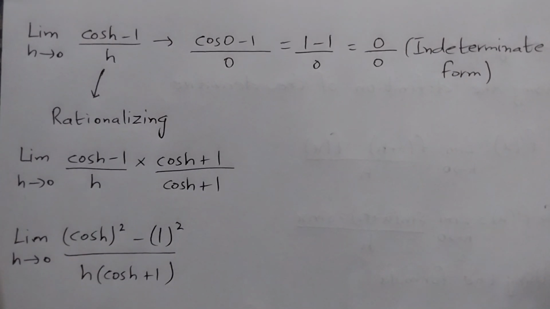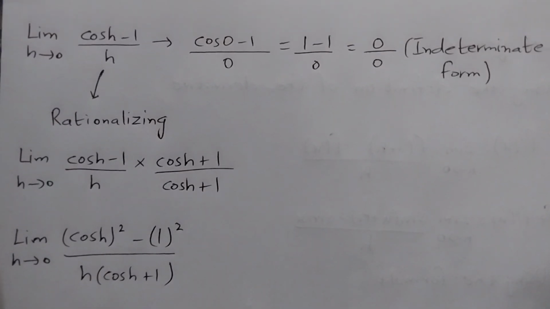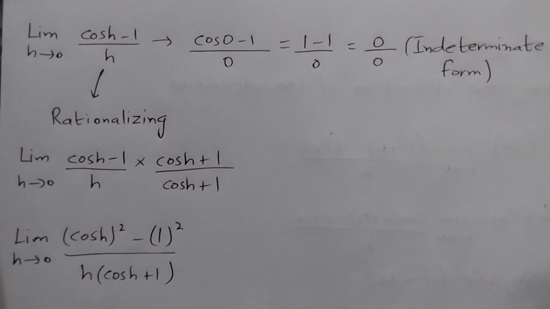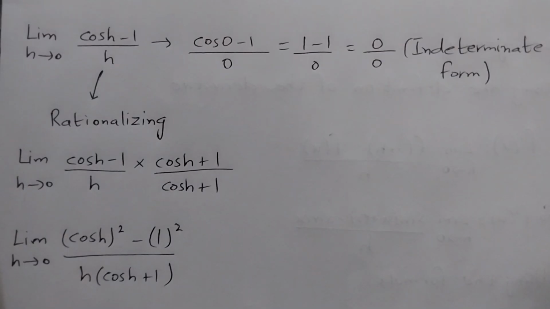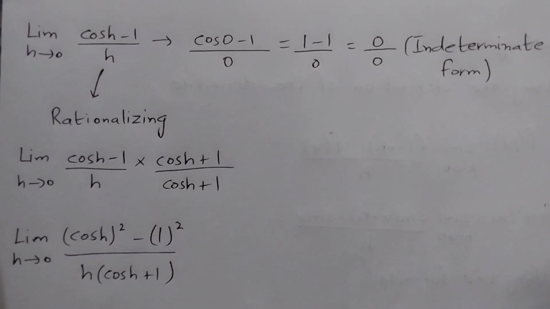The main problem lies with this denominator h. We need to get rid of it, because in the denominator we can't afford a 0. So what can we do to get rid of this indeterminate form? In the numerator we have two terms, and whenever we have two terms in a limit, we can try using rationalization.